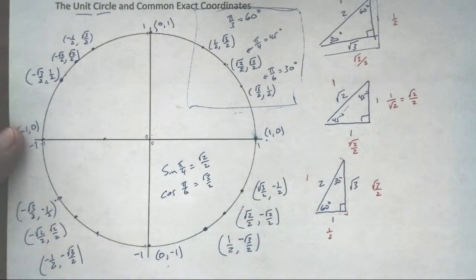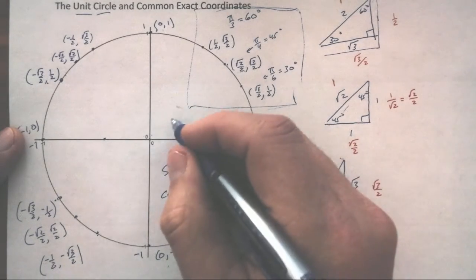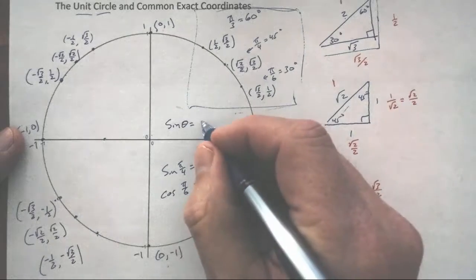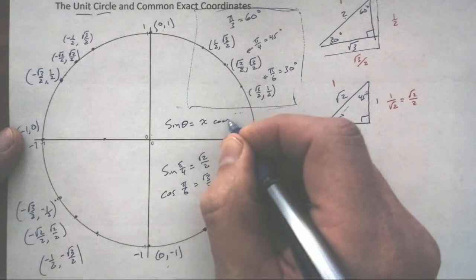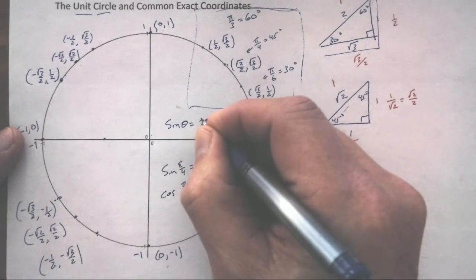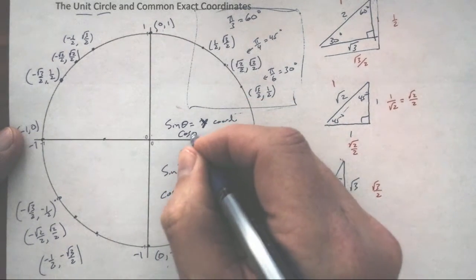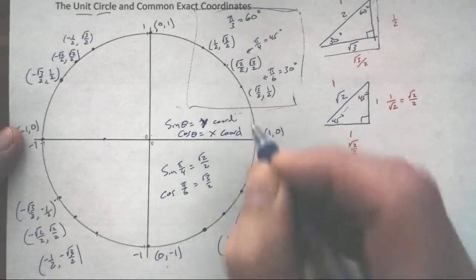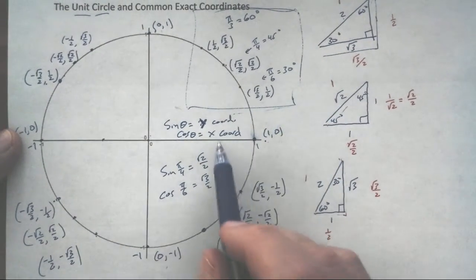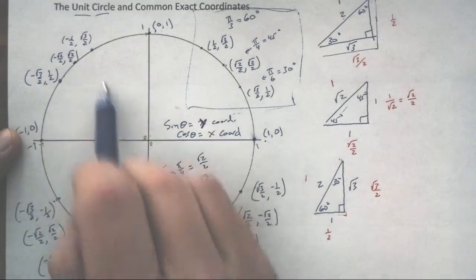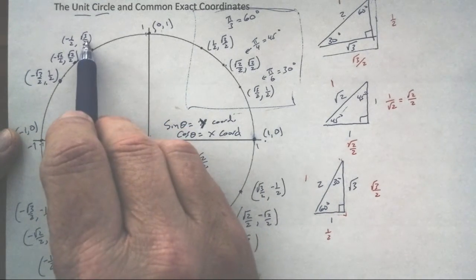And after we start observing this for a while, we realize that the sine of theta is just the y coordinate, and the cosine of theta is the x coordinate. So if I want the sine of this angle, which would be 120, it's just square root of 3 on 2.